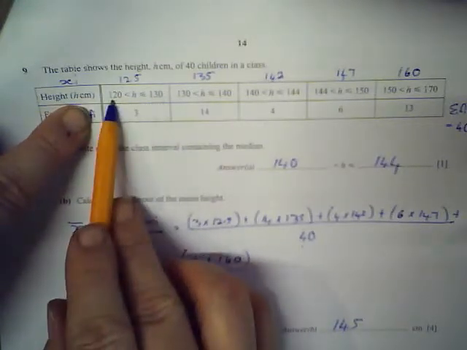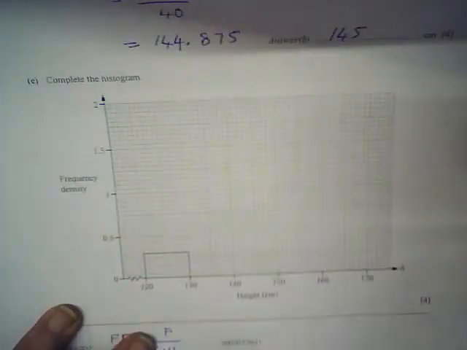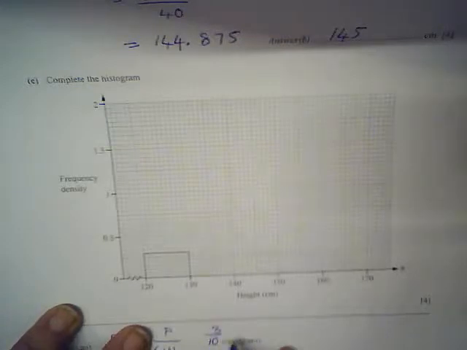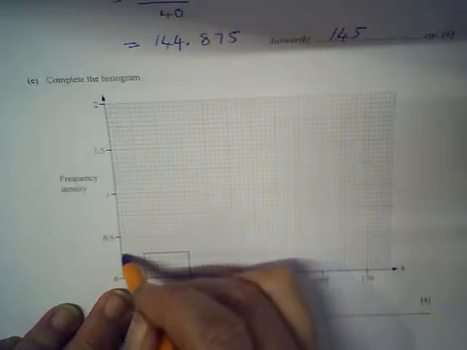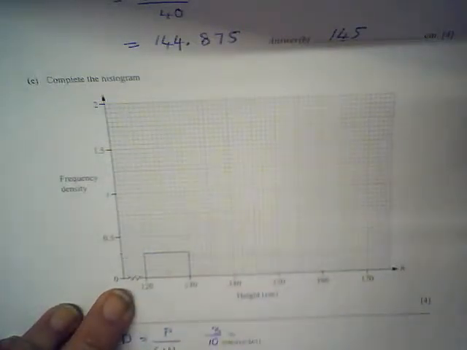So my class width there would be 10. And we can quickly check it. So that would be 3 over 10, and that would give me 0.3. And if I look at that, that would be 0.3 over there. So we are happy with that answer. Let's do it with all the rest of them.